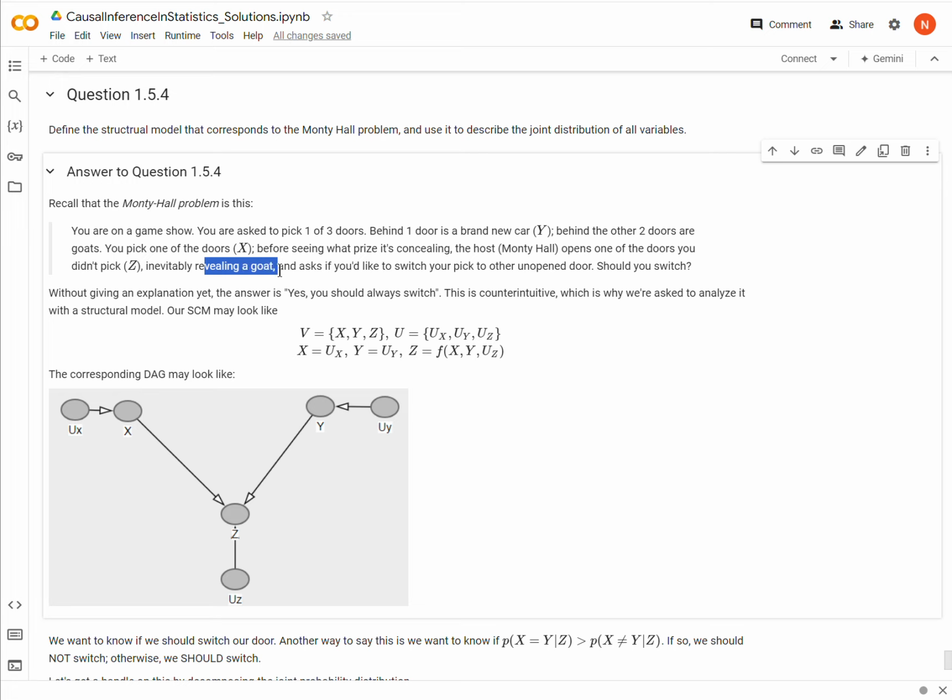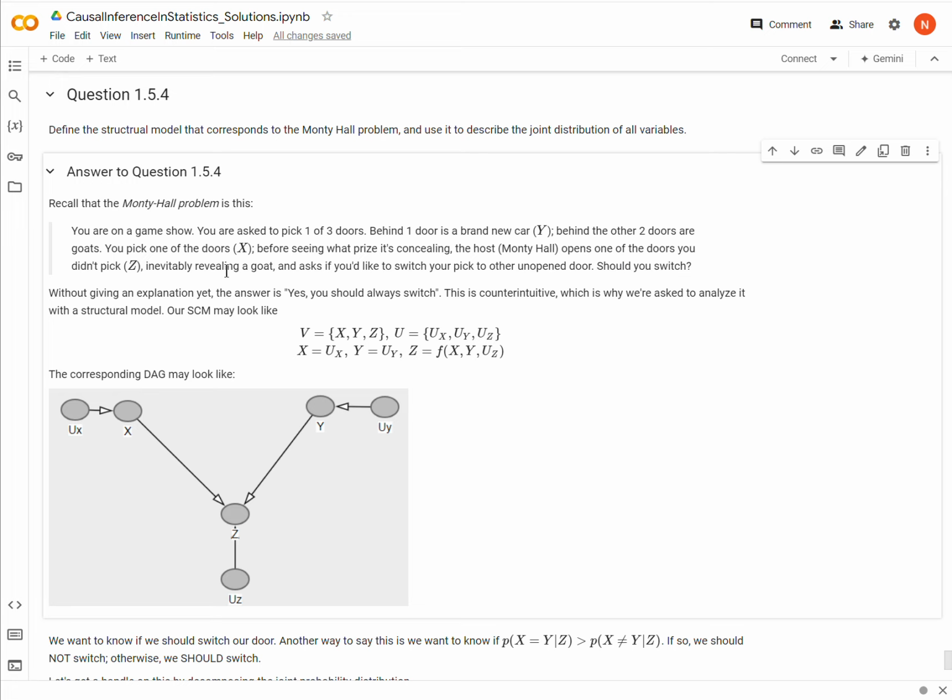That's why it's always going to be a goat when he shows you something. And so the Monty Hall problem says, after he opens the door, he asks, would you like to switch? And the question is, should you switch? This is the Monty Hall problem.